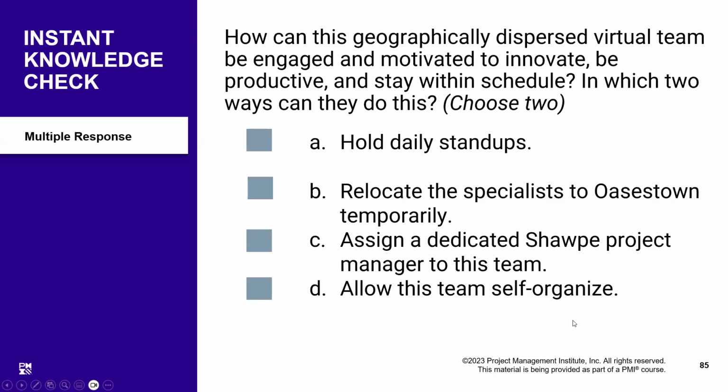Okay. How can this geographically dispersed virtual team be engaged and motivated to innovate, be productive, and stay within the schedule? Which two ways can they do this? Hold daily stand-ups and allow this team to self-organize.